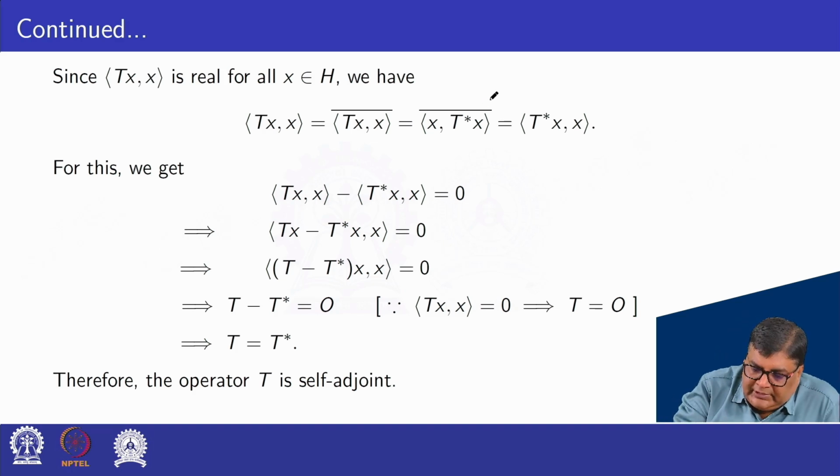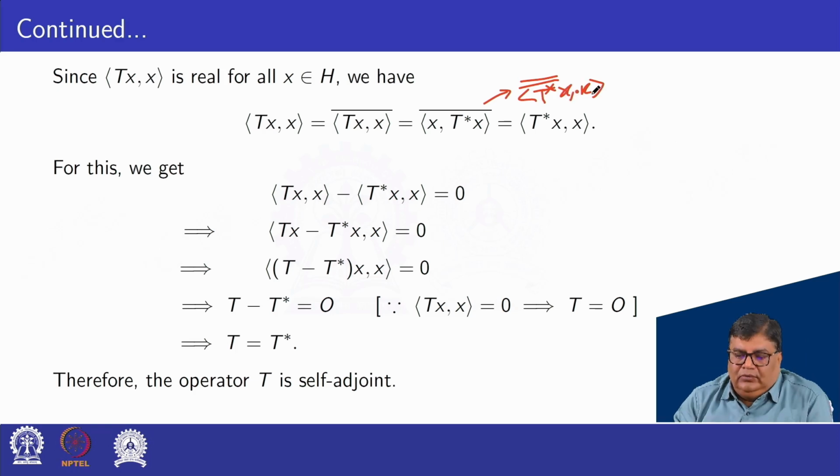So this can be written as inner product of T star x, x. So this is equal to this. So it can be written as inner product of Tx, x minus inner product of T star x, x is equal to 0.